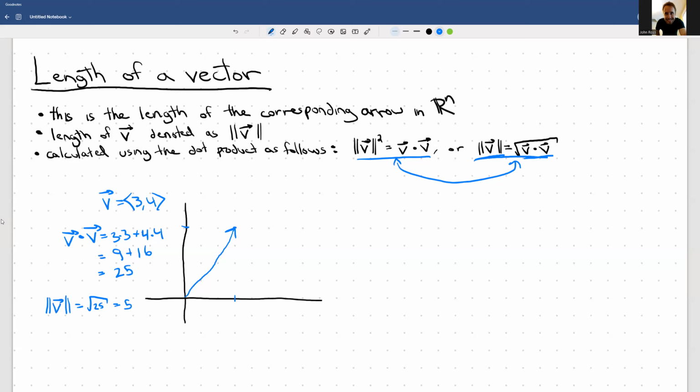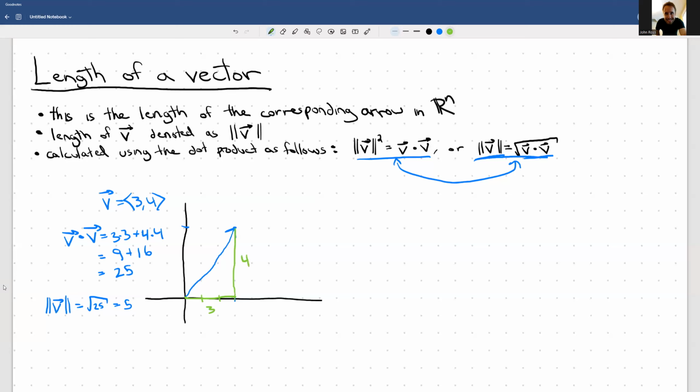Cool. Okay. We can also make sense of this formula by recognizing that this was the vector (3, 4). That means that it moves 3 units in the x direction. So we counted off earlier, 1, 2, 3. But let me physically draw that line and say that's a line of length 3. And then 4 units up in the y direction. So 1, 2, 3, 4.